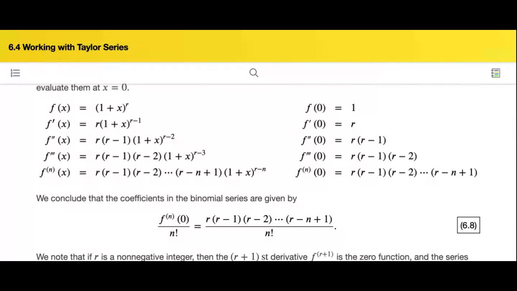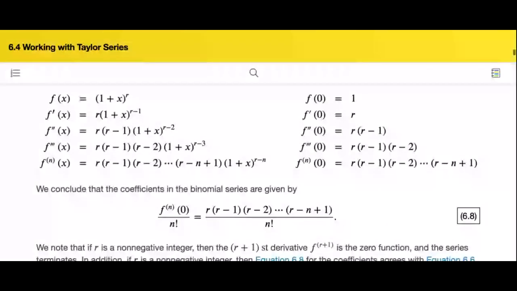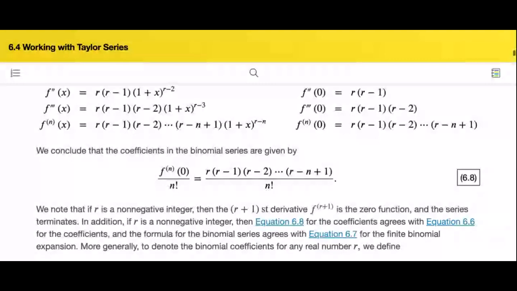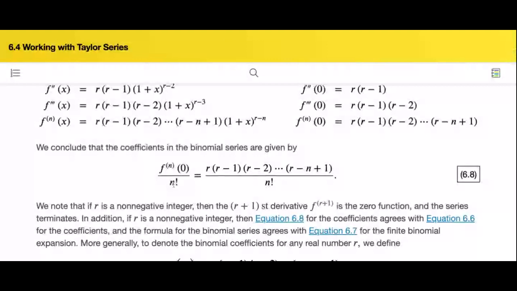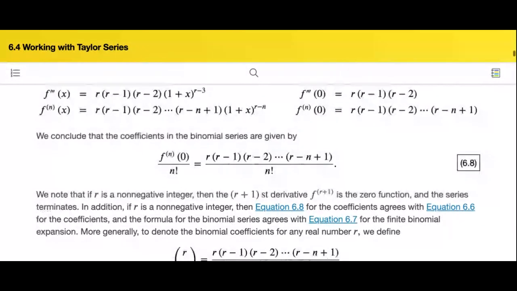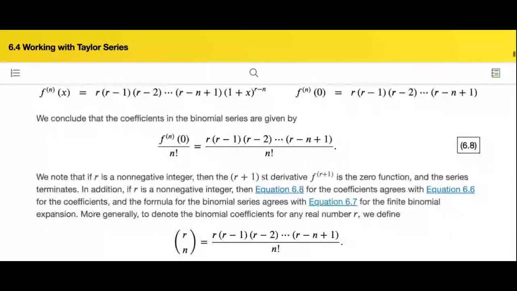So now let's put it into c_n. Remember c_n is just the nth order derivative divided by n factorial, right? So the nth order derivative evaluated at 0 is r times r minus 1, keeps going down, to r minus n plus 1. Then we divide this by n factorial. And what is that?